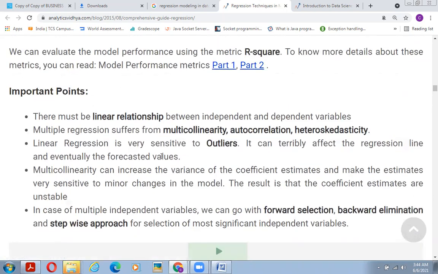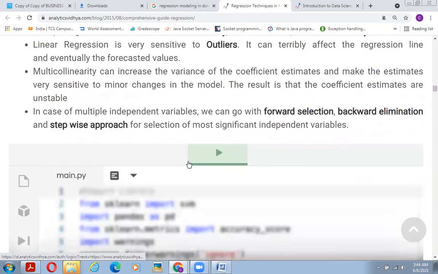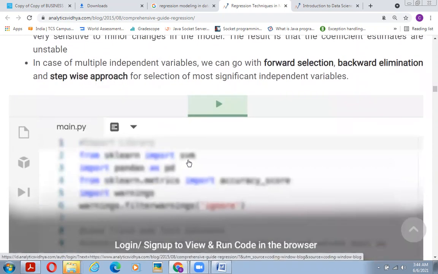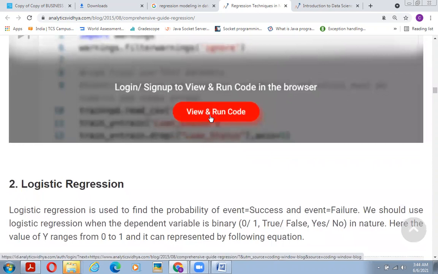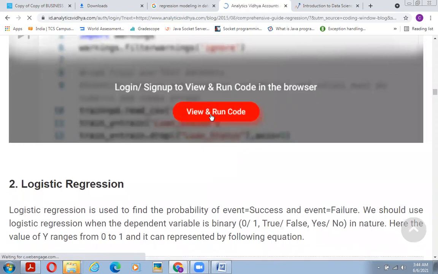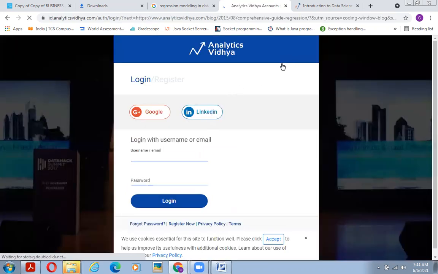The important thing is that the input data should be free from multicollinearity, autocorrelation, and heteroscedasticity. Linear regression should have minimal outliers, and should follow forward selection and backward elimination. For this we have some code.